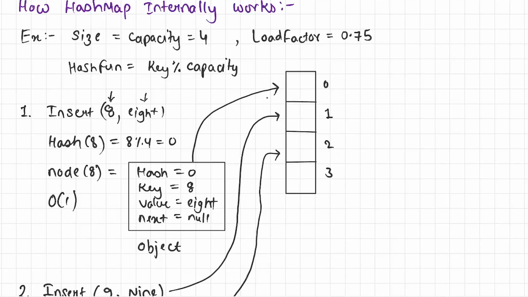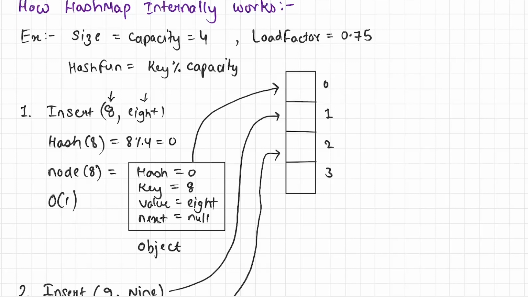But before it enters the key value pair, it's going to create a node. A node is nothing but an object. Somewhere on the heap memory, HashMap internally creates a node and this node contains 4 fields. First is the hash of the key, that is 0, then the key itself, that is 8, the value itself, that is the spelling of 8, and one more field, next, which is assigned null.